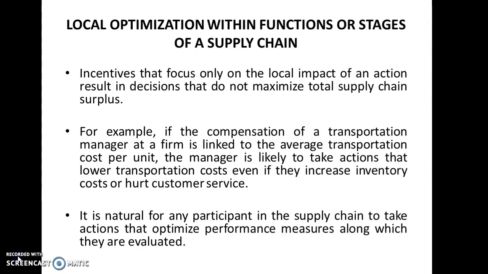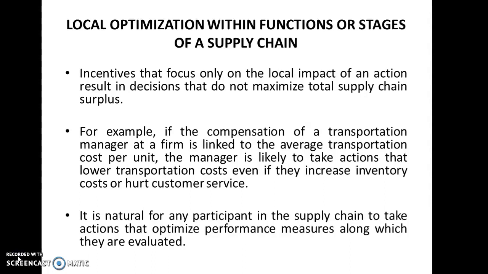So incentives offered locally for a particular stage in supply chain system may affect the total supply chain performance. And also, it is natural for any participant in the supply chain to take actions that optimize performance measures in that particular stage along which they are evaluated.